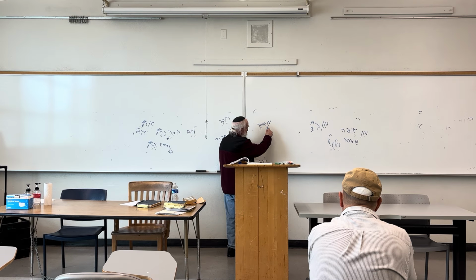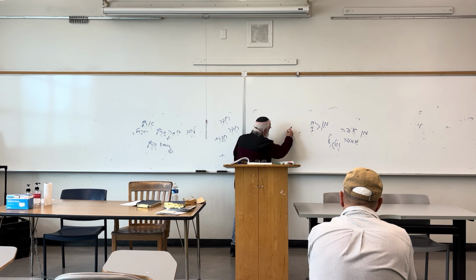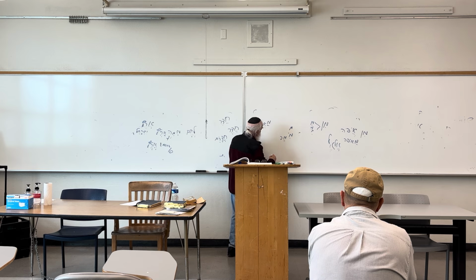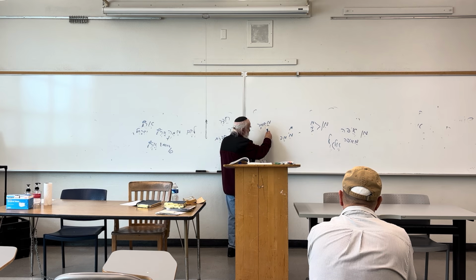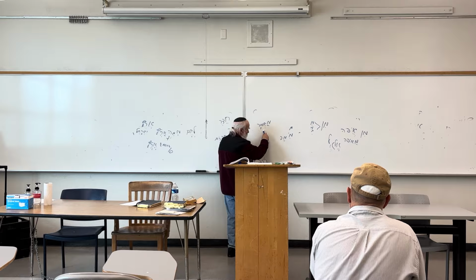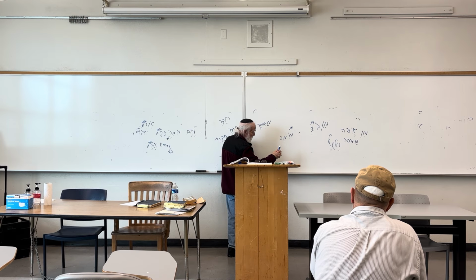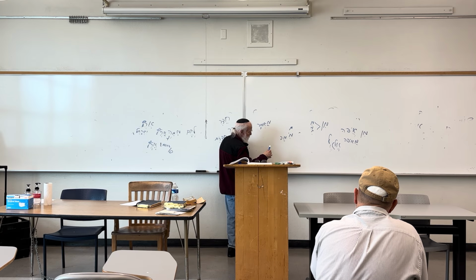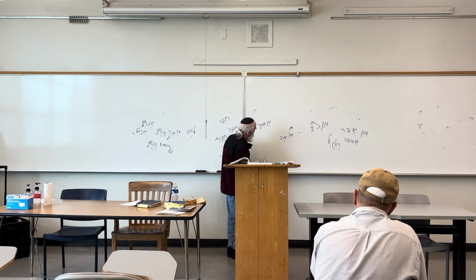That letter Mem stands for either the word me, who, or ma, what. So in the case of ma, with Aleph and Resh, the answer is what is being said, and an article is what's being said. That's how you understand that mem as a first letter of the word, if it's not part of the root.